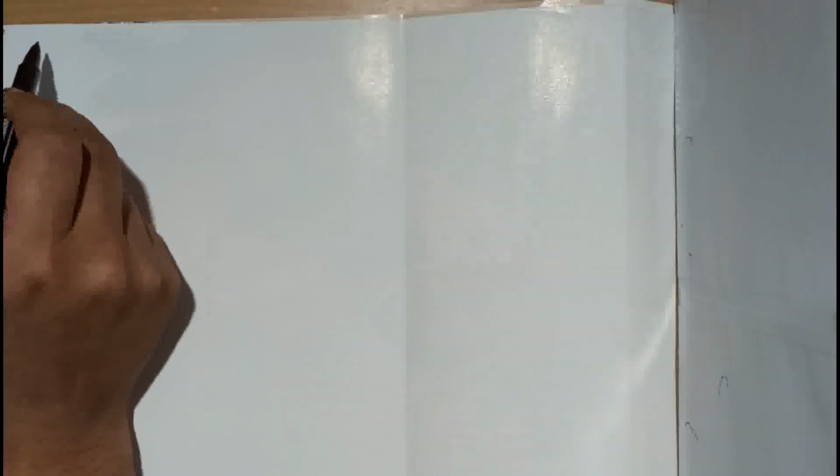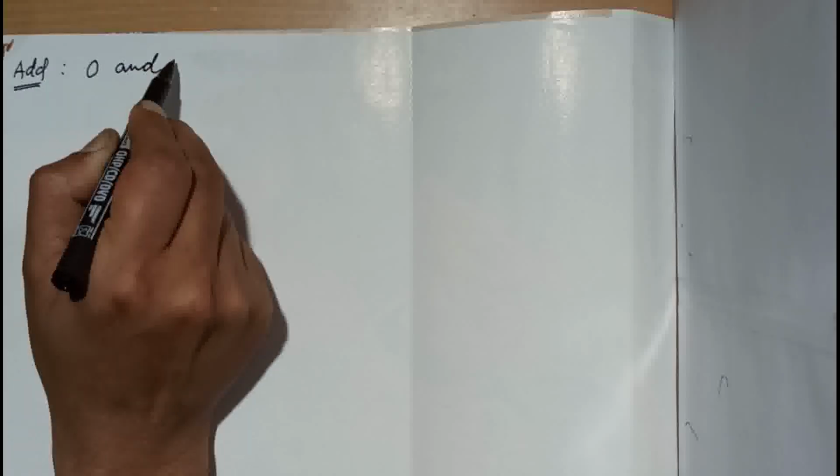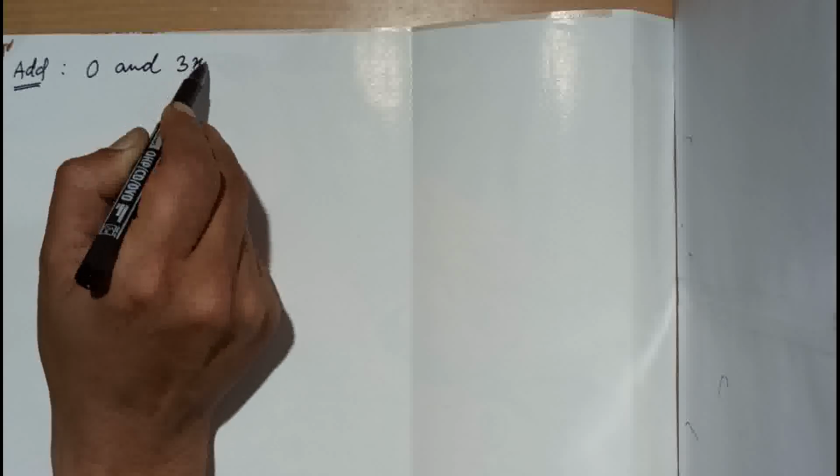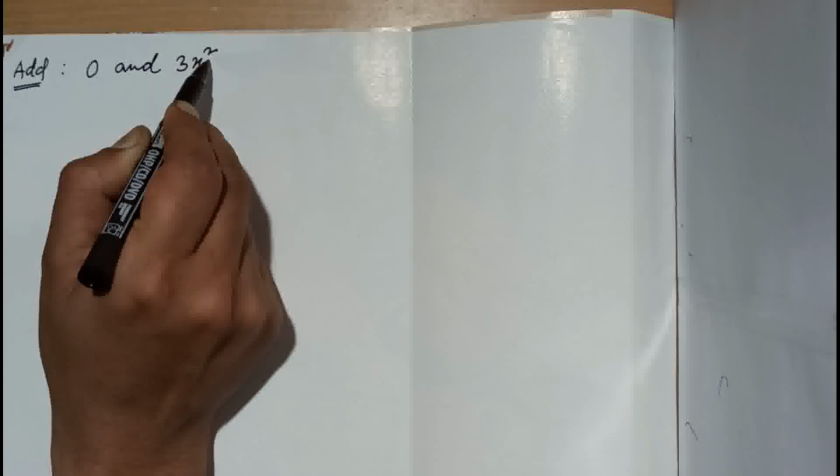Now let me take another example. We have to add 0 and 3x square.